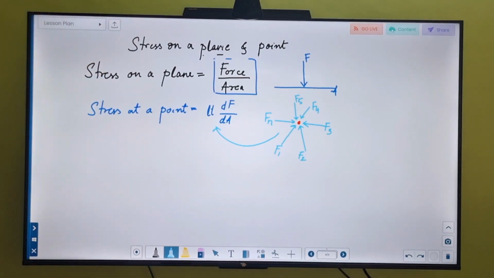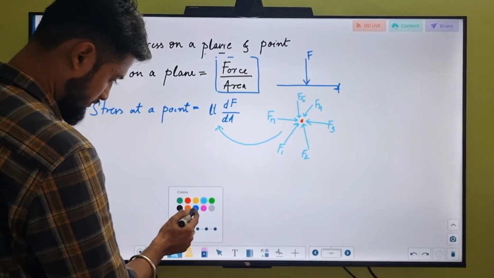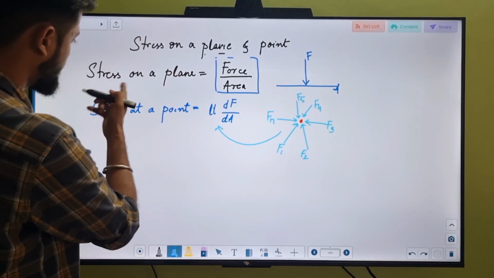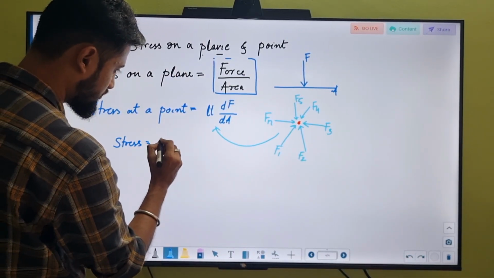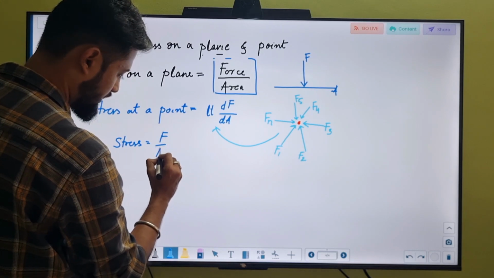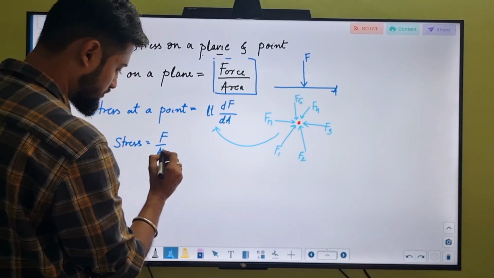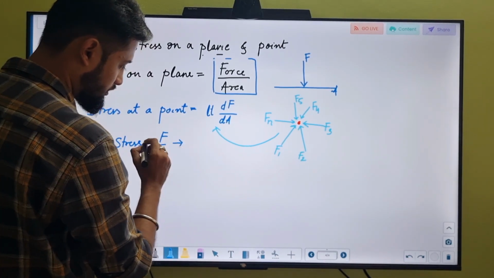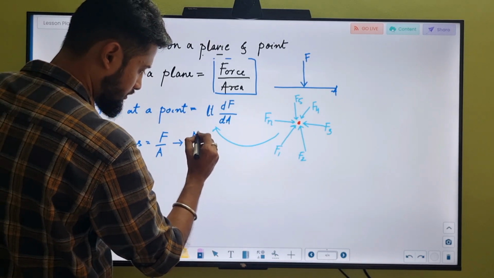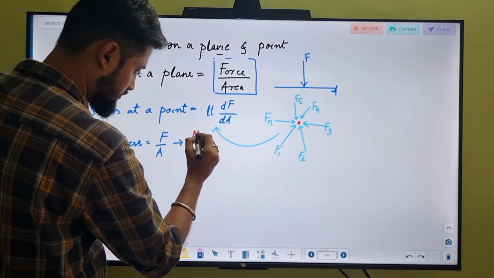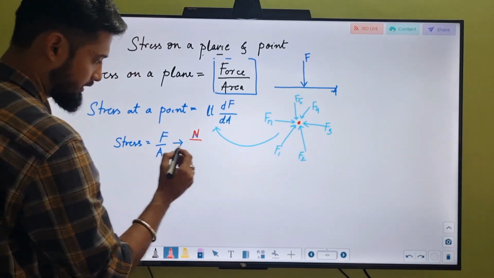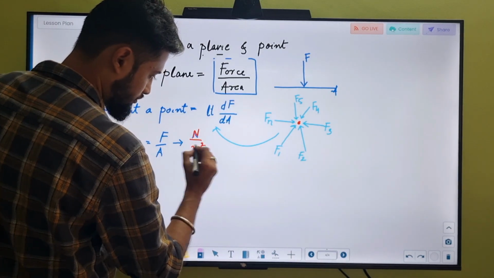What will be the SI unit for stress? We know that stress is equal to force upon area. The SI unit for force is Newton, and area is meter square.